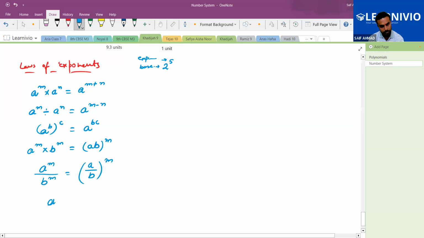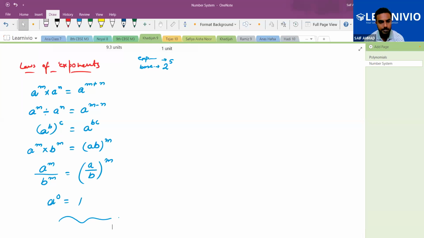And if you have power 0 of any number, the value will be 1. Note it down.